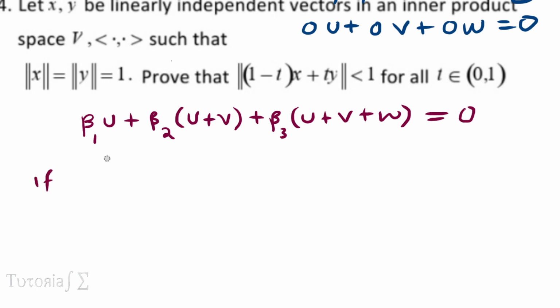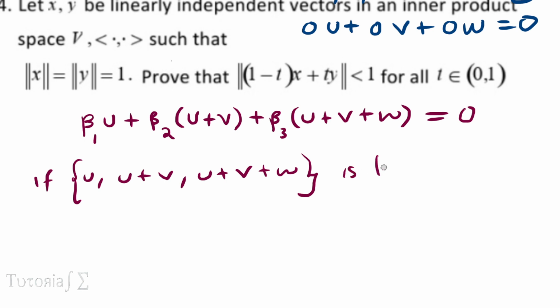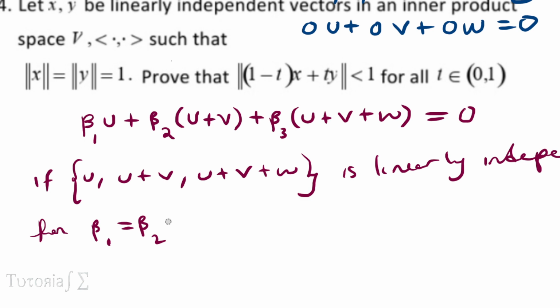So if u, u plus v, u plus v plus w is linearly independent, then beta 1 should be equal to beta 2 and should be equal to beta 3, and they all should be equal to 0.